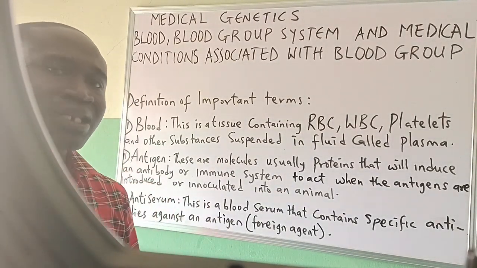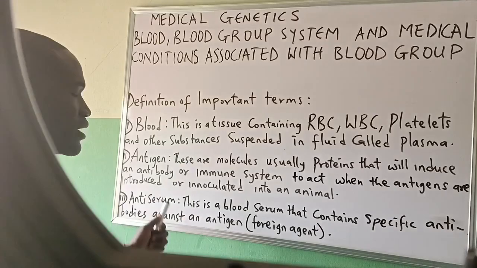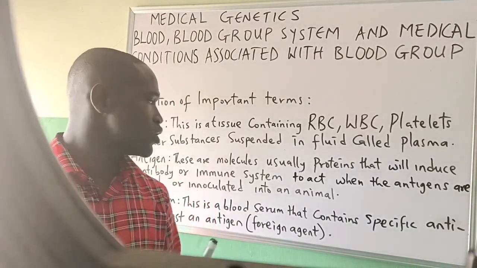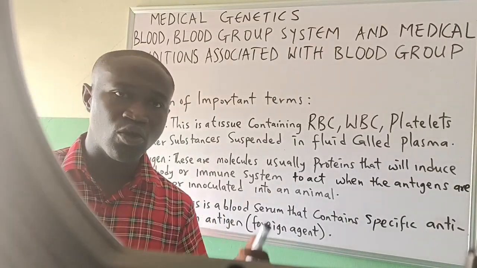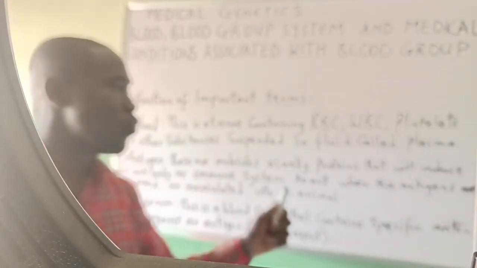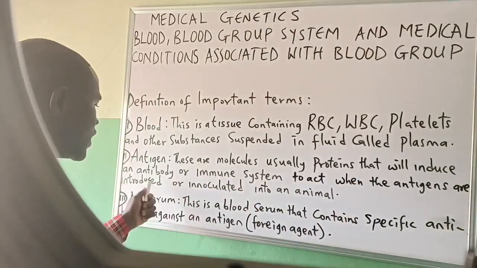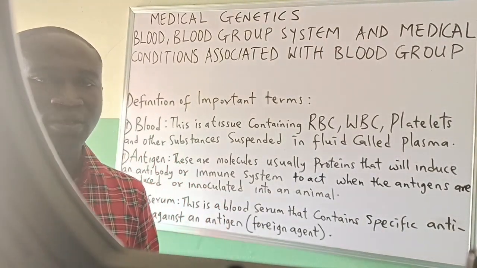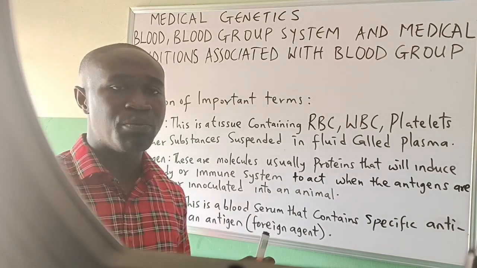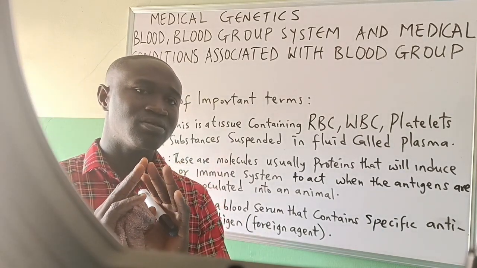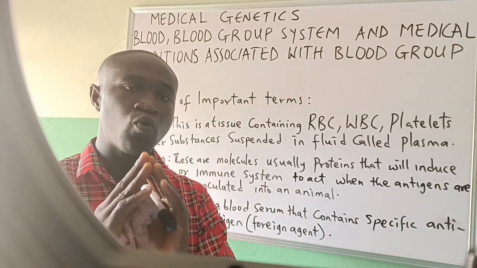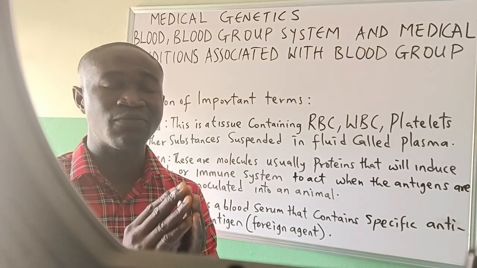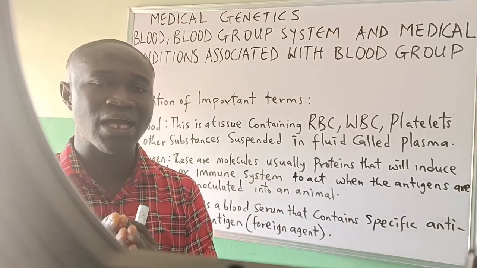That means that an antibody is simply immunoglobulins, your immune system, which gets activated when the antigens are introduced or inoculated into you. That means antibodies are like the immune system which fights for us against foreign agents which try to attack us.